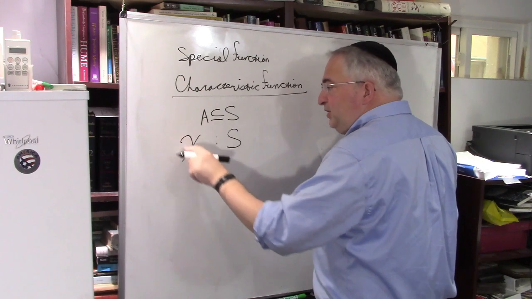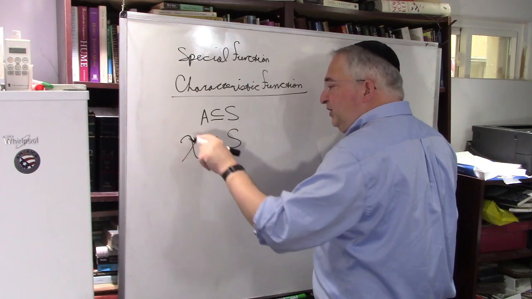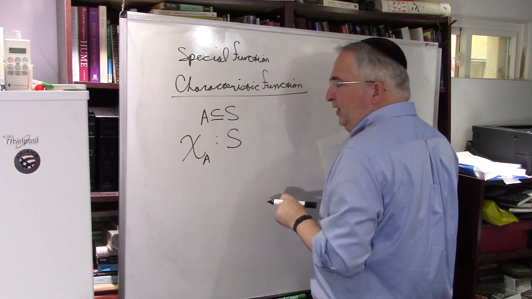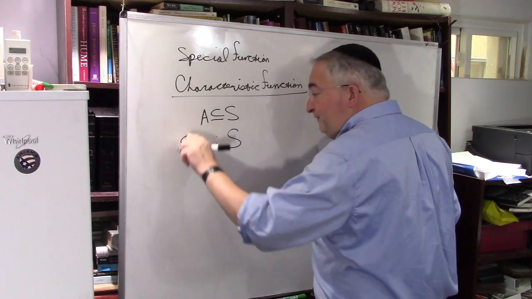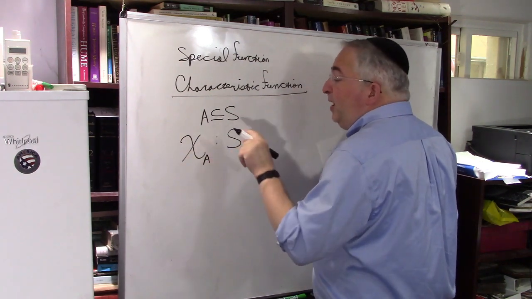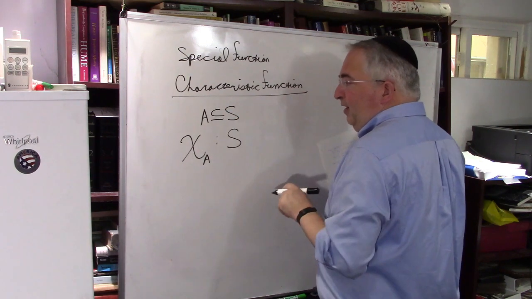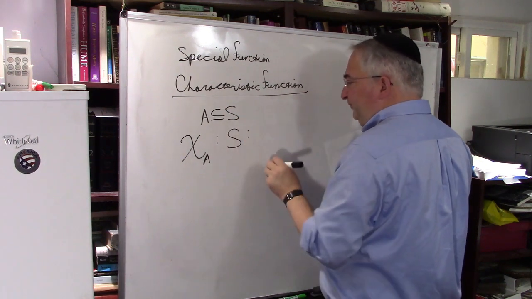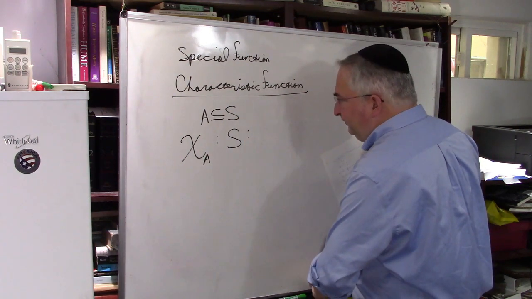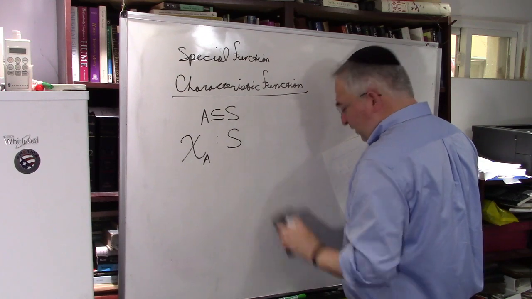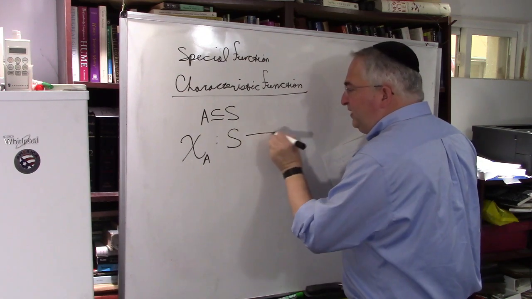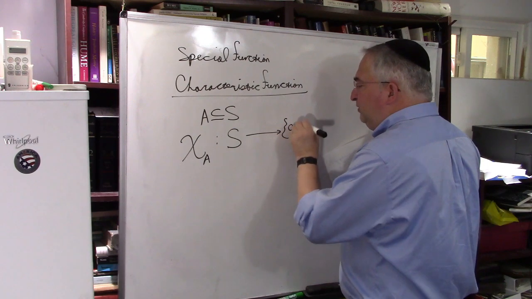It's chi subscript A. And what this function is going to do is describe that subset A. So, sorry, that's wrong. Hold on. The output of this characteristic function is 0, 1.